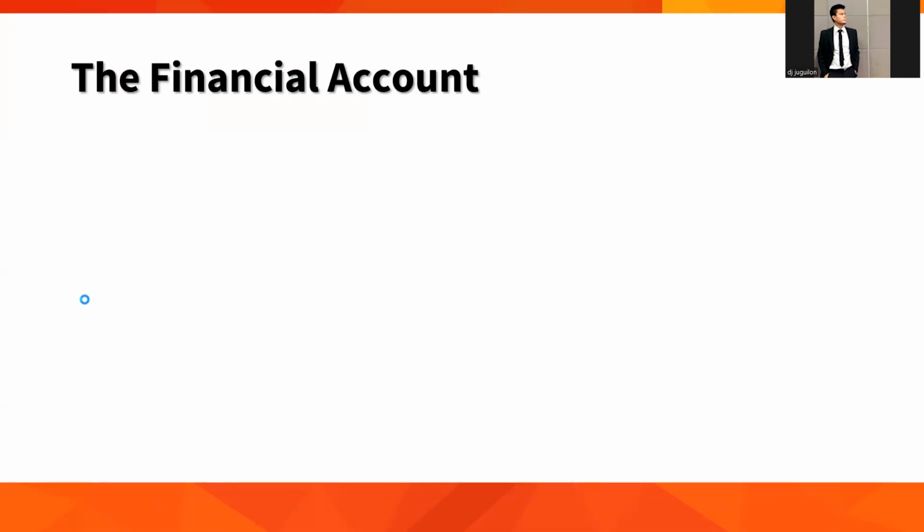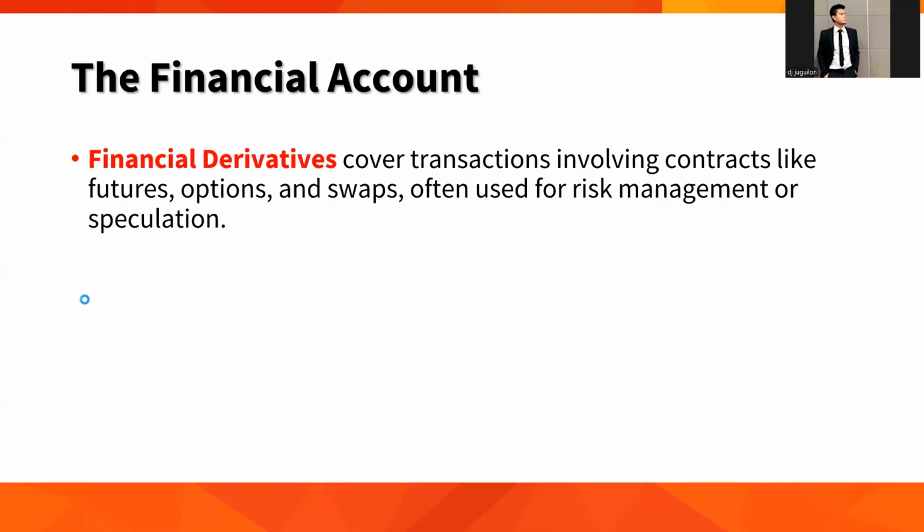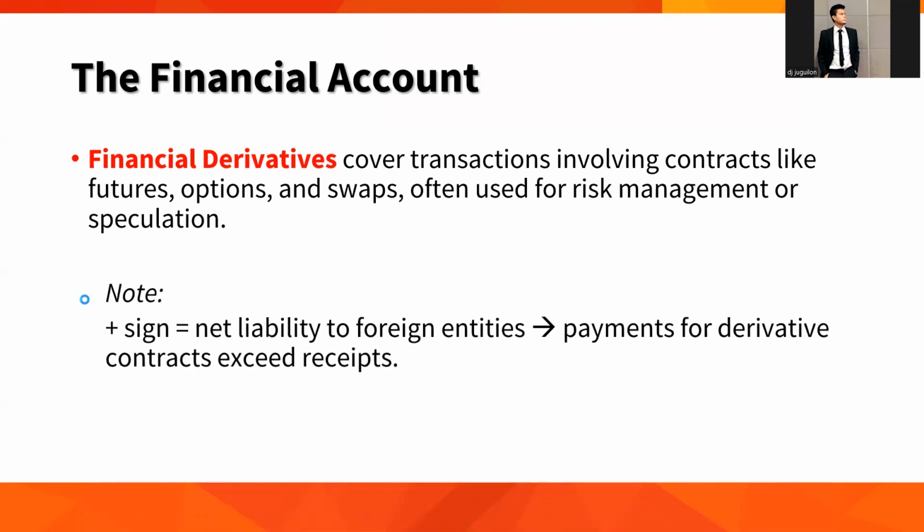Third is the financial derivatives, which cover transactions involving contracts like futures, options, and swaps, often used for risk management or speculation. Even the concept of hedging is included here. Anyway, if it is a positive sign, it represents net liability to foreign entities, wherein payments for derivative contracts exceed receipts.